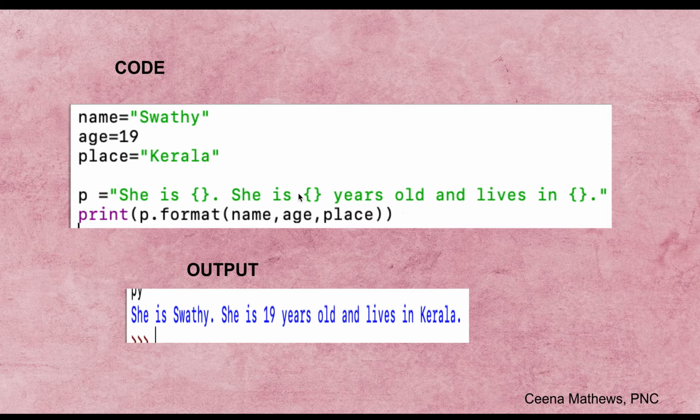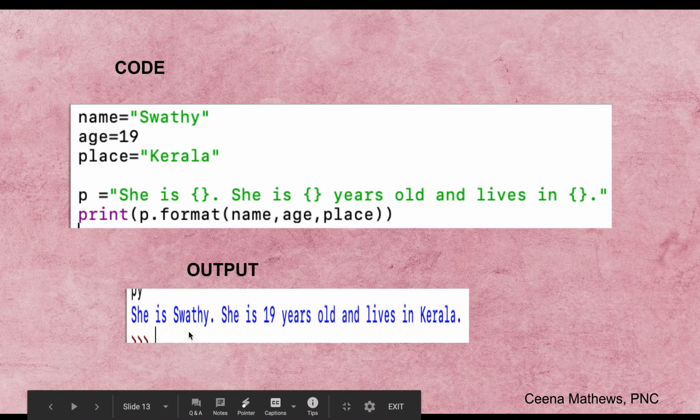In order to insert values into these placeholders, I use here format. So P dot format, within brackets you specify what is to be printed in the first placeholder, name. So it will be printing it as she is Swati.